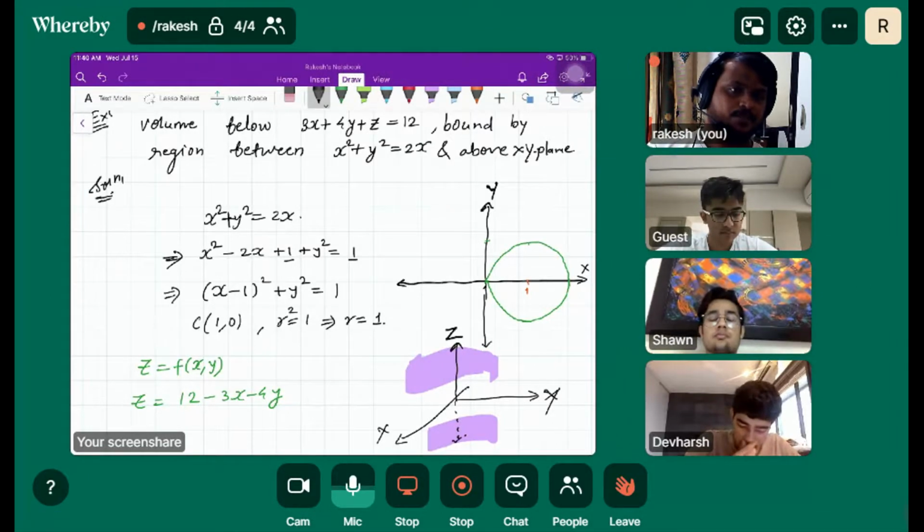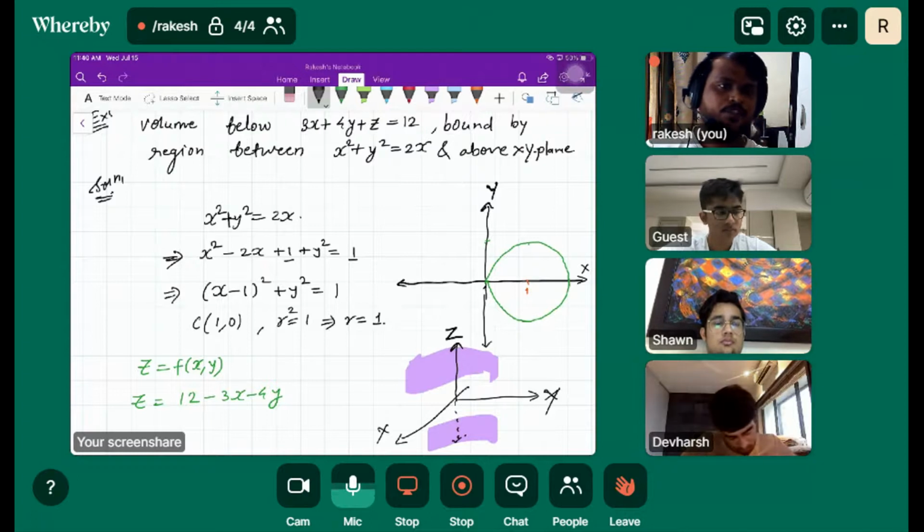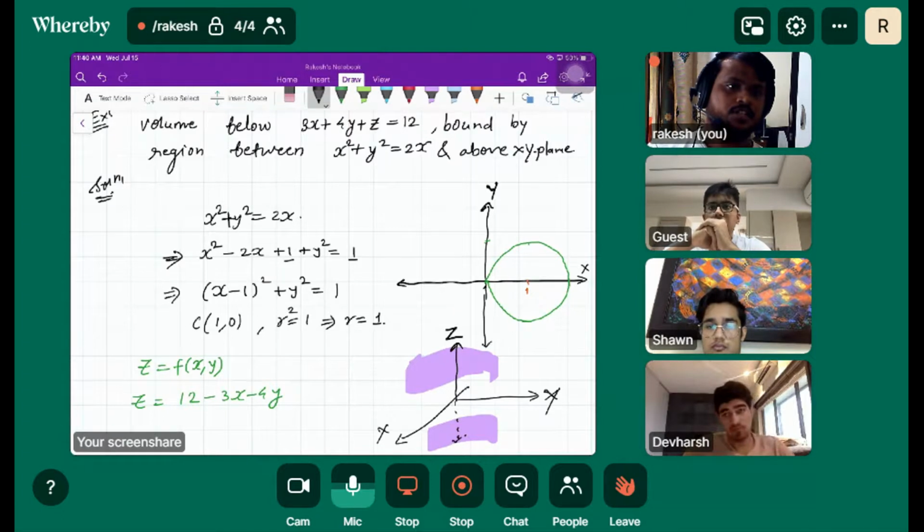We are already on the xy plane. The curve x square plus y square is equal to 2x is itself a boundary, a circle. So our region is the whole circle. Makes sense to you?